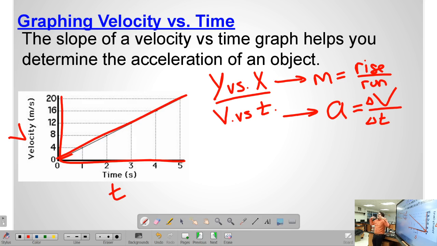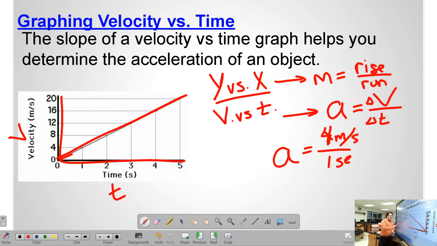Okay, now let's actually calculate the slope of this line. Let's get a number for acceleration. So what is my rise and what is my run? Brock, can you help me on that? What's my rise? You can go up 4, sure. 4 meters per second. And what's my run? 1. You chose that little first part right there.